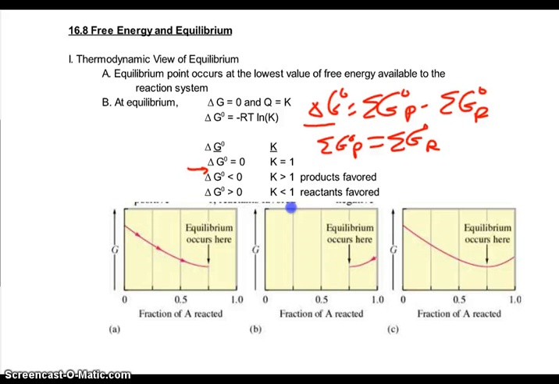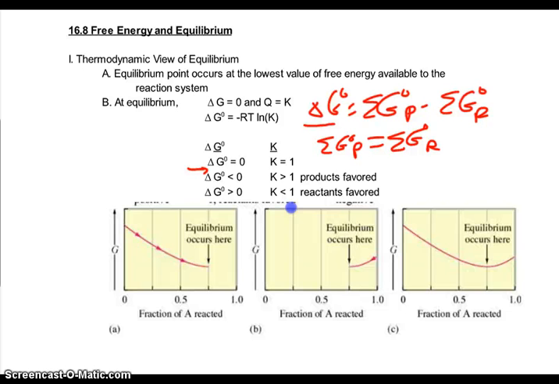And so that's why there is no shift, no position is higher or lower than the other. Remember that we're looking to have the most negative overall, and that's what's going to drive this. And so if the Gibbs free energy of the products is equal to the Gibbs free energy of the reactants, there is no drive, there is no shifting occurring because they're already equal.